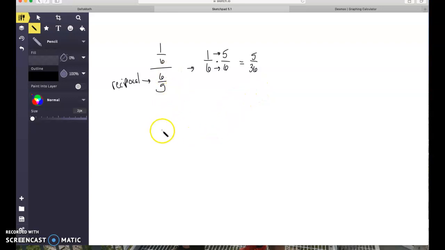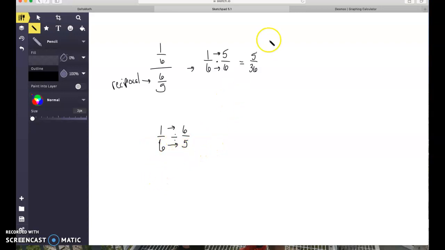Sometimes, if you have a nice denominator, you can divide straight across. But since 6 does not divide nicely by 5, this one's not a good option for us to divide across. If we had 36 and then 6 over here, 36 divided by 6 would give us 6, so it would divide nicely across.